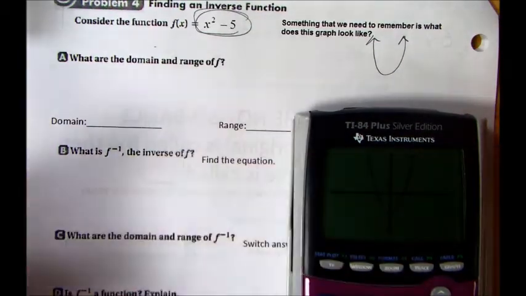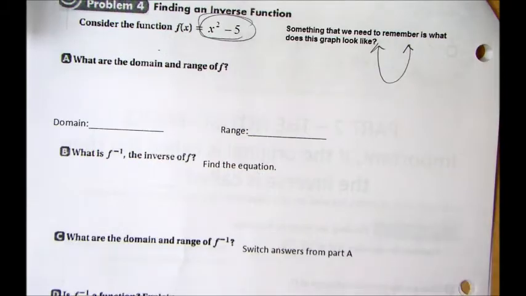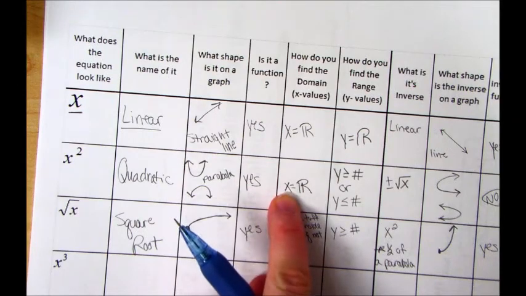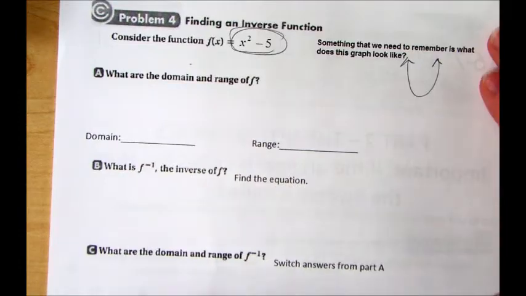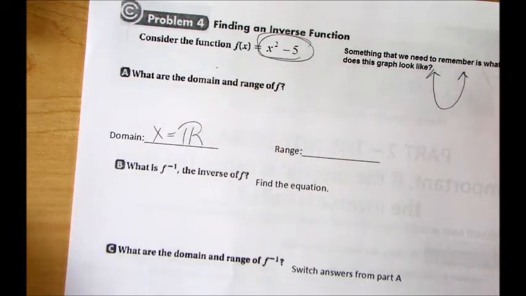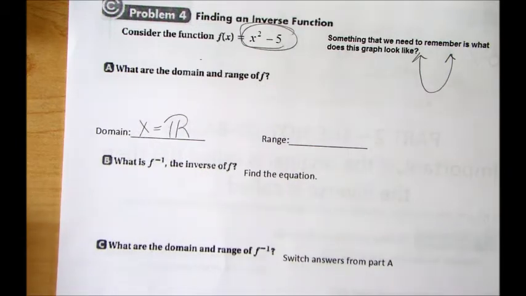Now, what is the domain of all parabolas? Well, if you forget, go to your handy-dandy chart we made. The domain of all parabolas is x equals all real numbers. So the domain, x equals all real numbers because it's a parabola. Now we have to be careful of the range.